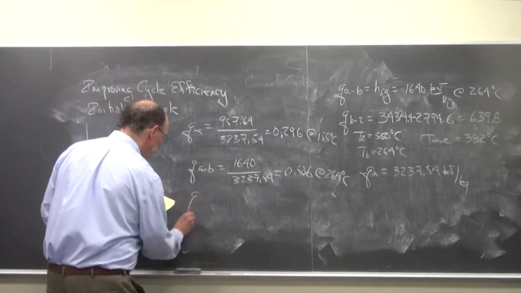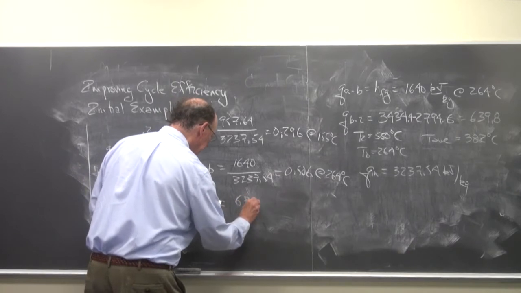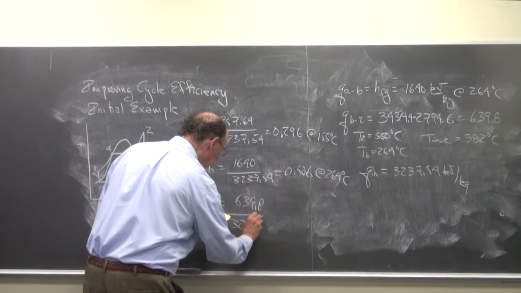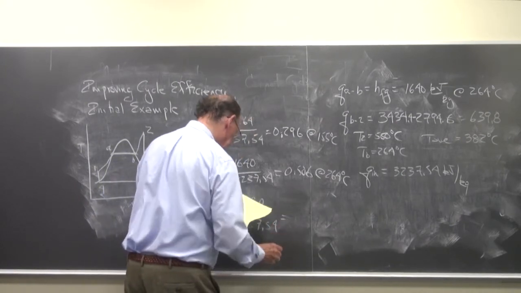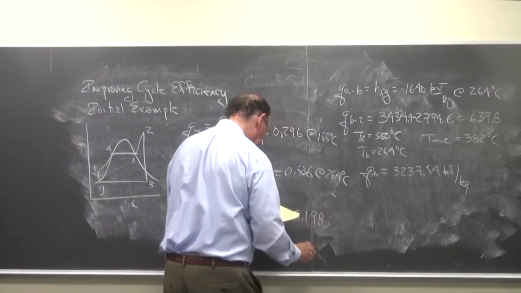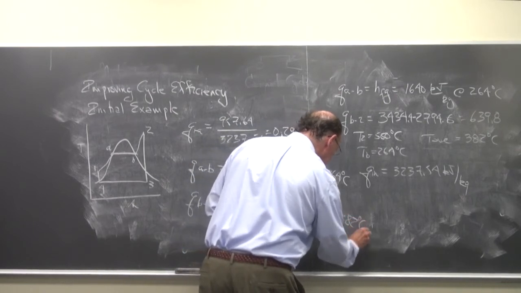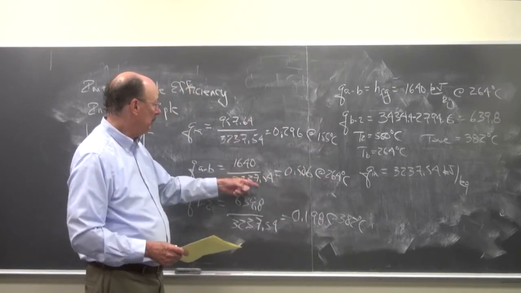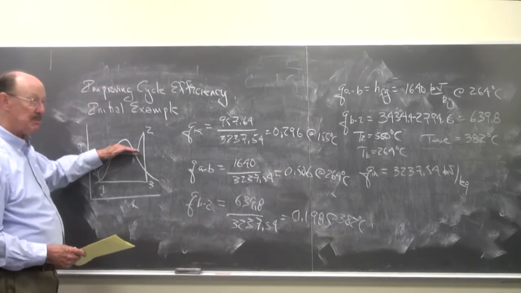And QB2 is equal to 639.8 over 3237.54, which is equal to 0.198, nearly 20% at 382 degrees C. So we see that we can raise pressure here, and as we raise the pressure, we can raise this part.